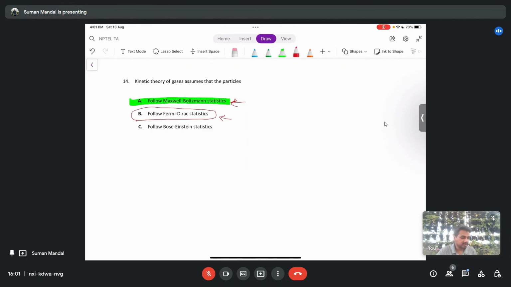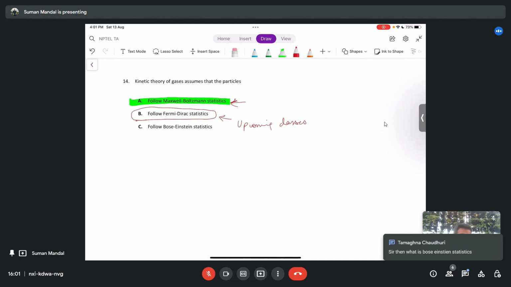This is in the upcoming classes. Okay, so the Bose-Einstein statistics is for bosons. The electrons are fermions, whereas bosons are a different class of particles, for example phonons and photons.